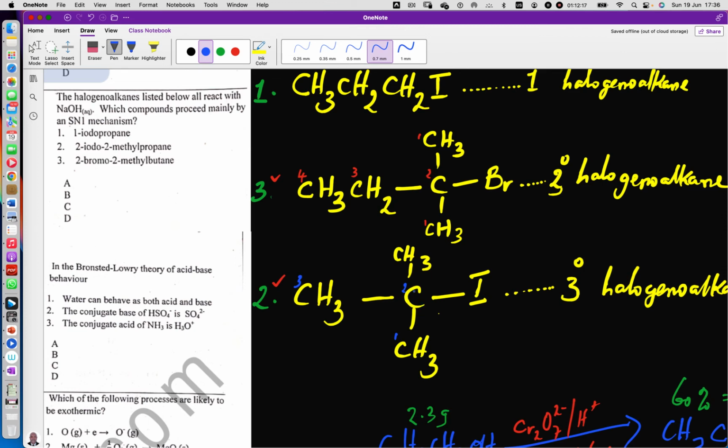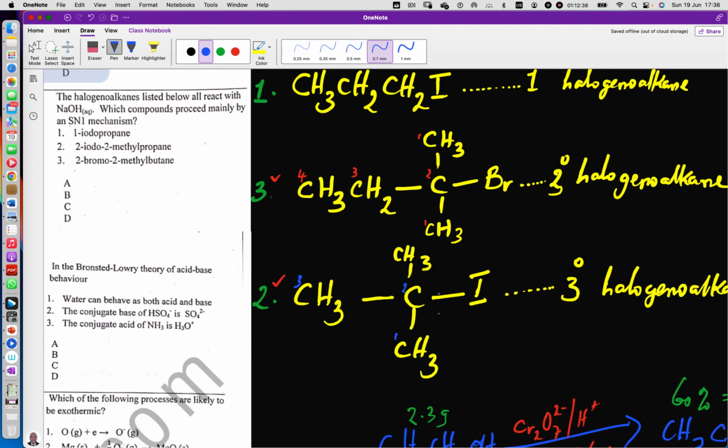So this is a tertiary halogenalkane. So we said that only tertiary and secondary halogenalkanes will undergo the SN1 mechanism.